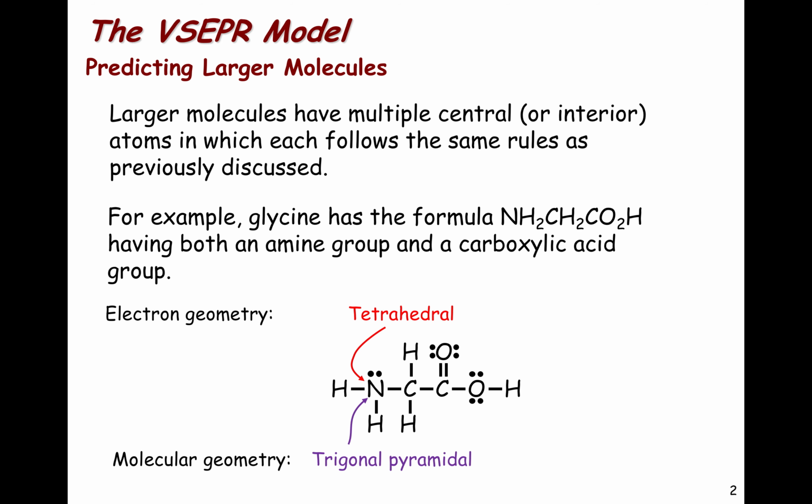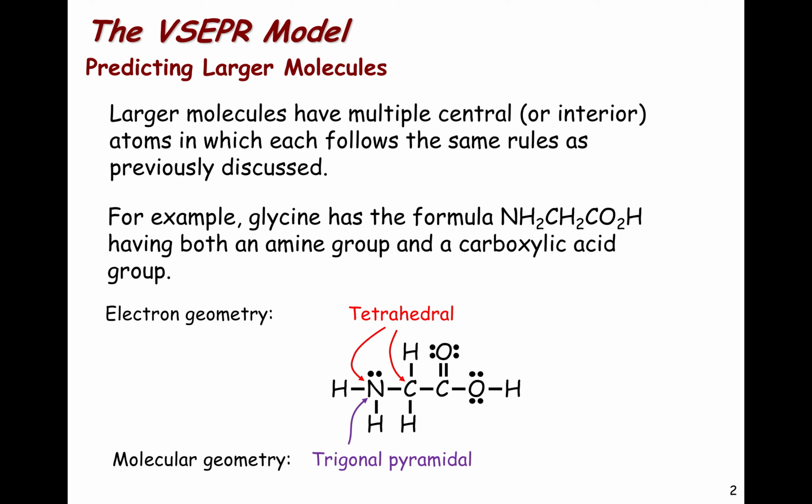We would describe the molecular shape of the nitrogen atom in terms of the 3 bonding and 1 lone pair geometry that we would describe as being a trigonal pyramidal type structure. So that particular atom is trigonal pyramidal.